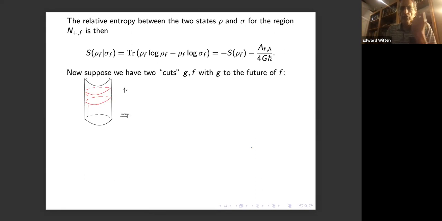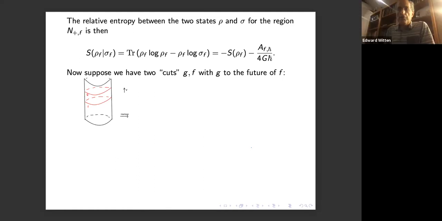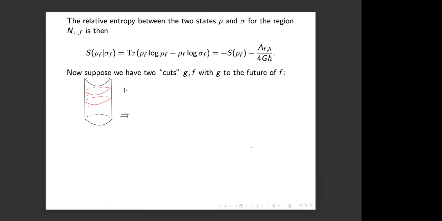And the generalized second law says that if we have two cuts, G and F, where G is to the future of F, then the generalized entropy on the cut G is at least as big as the generalized entropy on the cut F. So there's no dynamics in the choice of the cut. We pick the cut. I see. No matter what cuts we pick, the generalized entropy increases toward the future. That's the meaning of the generalized second law. Okay, thanks a lot. You're welcome.